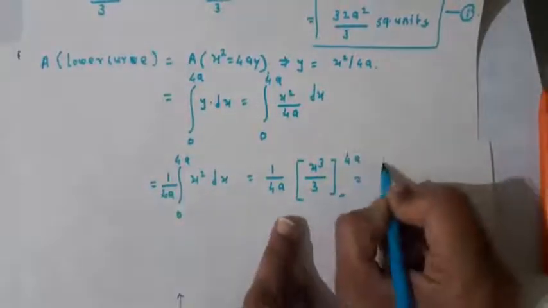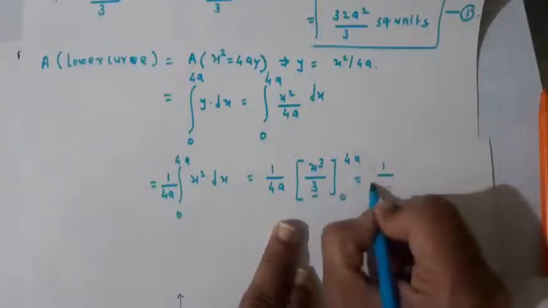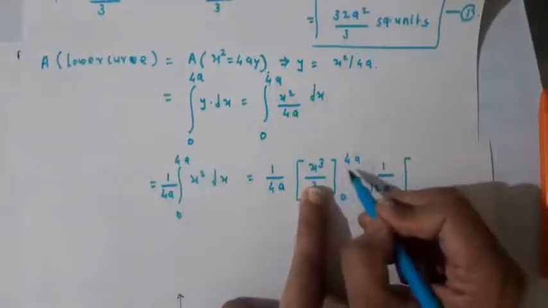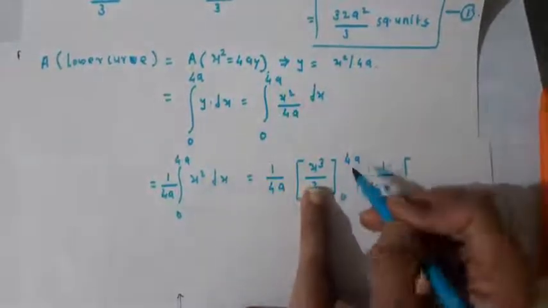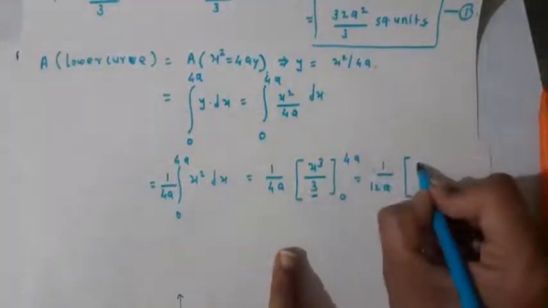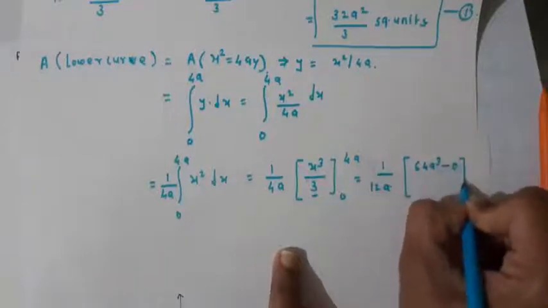This is equal to 1 upon 4a into 3, that is 12a, and now x raised to 3, put the value of x as 4a. 4 raised to 3 is 64, so 64 a cube minus 0.